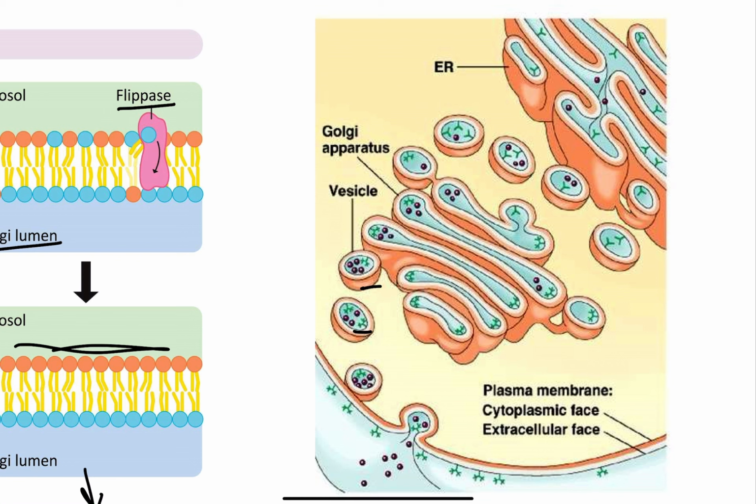Meanwhile, the cytoplasmic face is going to remain unchanged. The vesicle fuses with the plasma membrane, and the contents that were inside of the vesicles are going to be found on the extracellular face of the membrane, not on the cytoplasmic face, which is where they originated from.